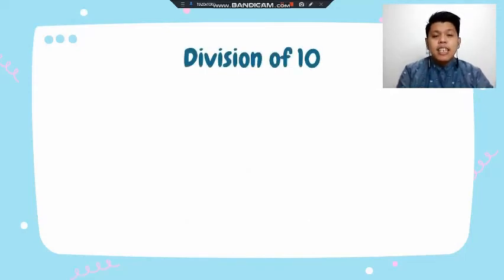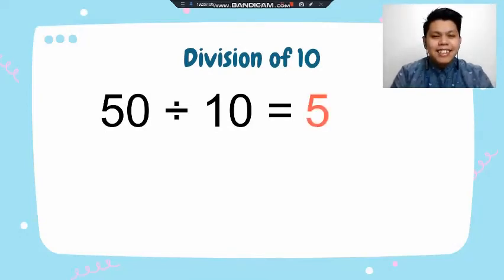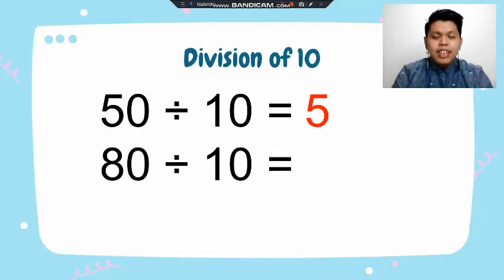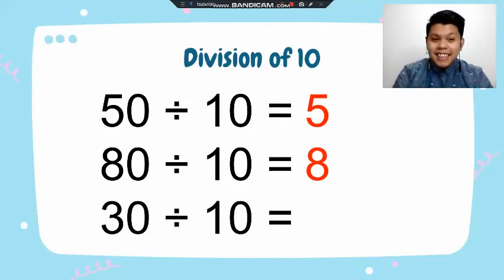Just like what I said, same with this one, 50 divided by 10. Skip count by 10. That is simply 5. 80 divided by 10, that is 8. 30 divided by 10, that is 3.